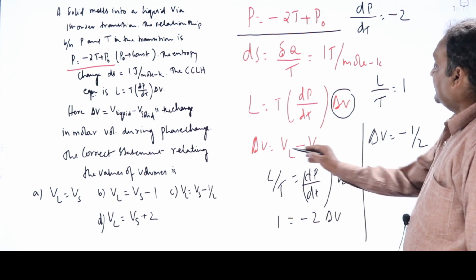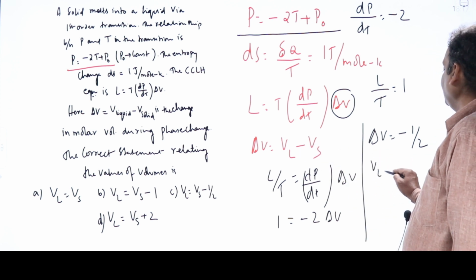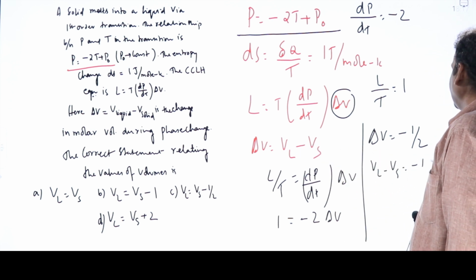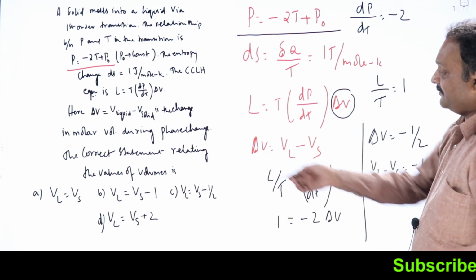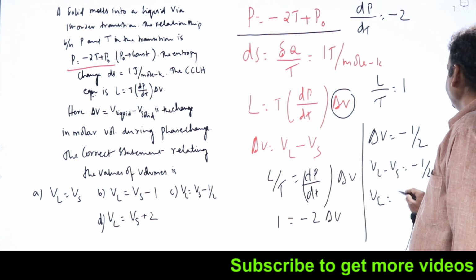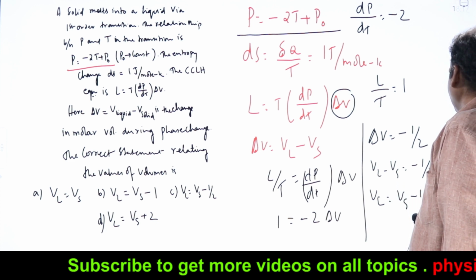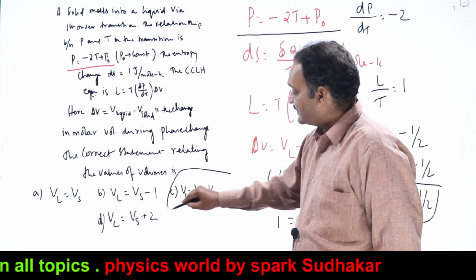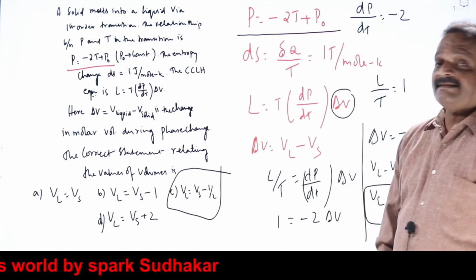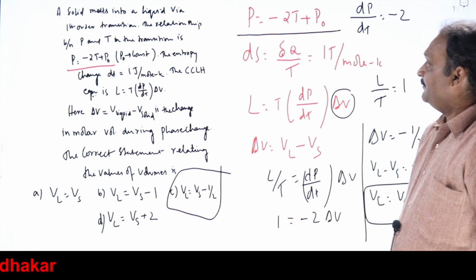So delta V equal to minus half means VL minus VS is equal to minus half. What is asked is VL in terms of VS. So VL equals VS minus half. This is our answer, option C is the correct one.